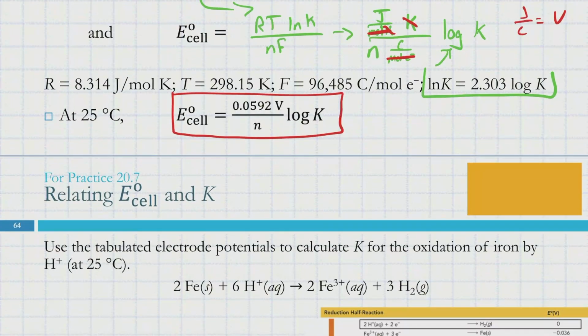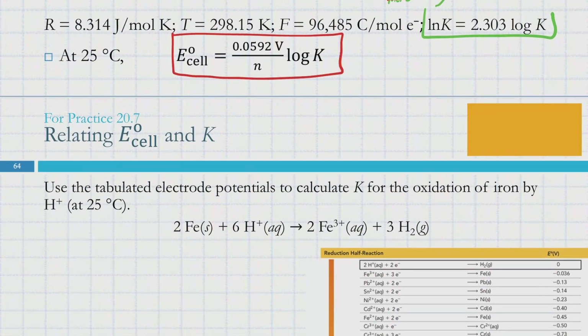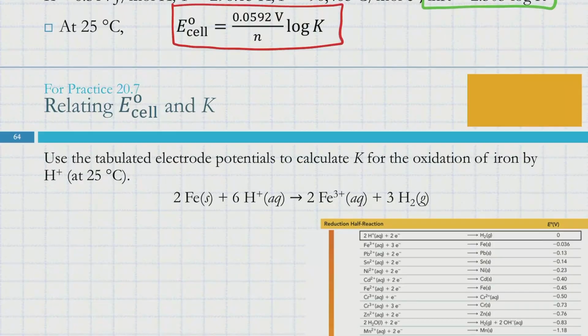So let's use that new equation. I'll write it down for us. The standard electrode potential of the cell is equal to 0.0592 volts over n, the number of moles of electrons, times log base 10 of K, our equilibrium constant.